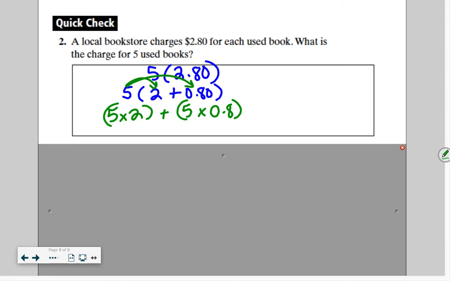What is 5 times 2? 10. What's 5 times 8? How many numbers behind the decimal point? 1. So doesn't that make it $4? Yeah. So 10 plus 4 is 14 dollars.